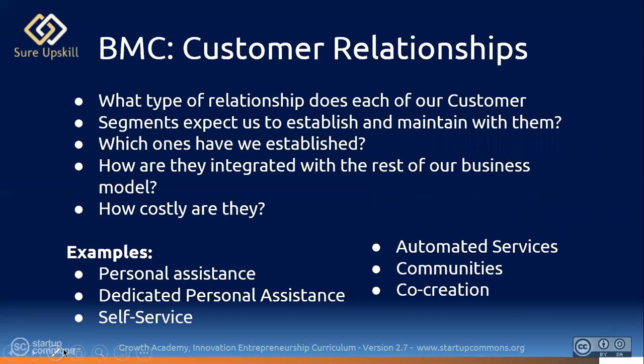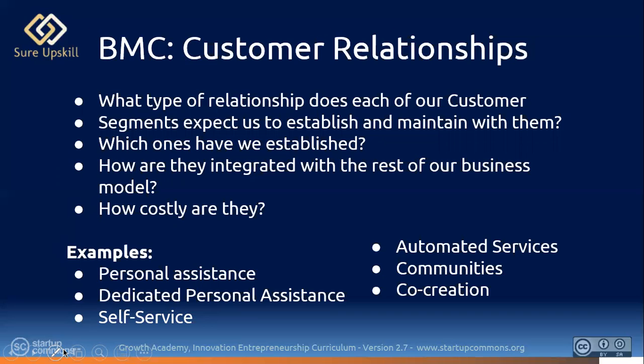Then once you have delivered what the customer wants, look at the fourth box, customer relationships. What type of relationship does each of our customer segments expect us to establish and maintain with them? Which ones have we established?